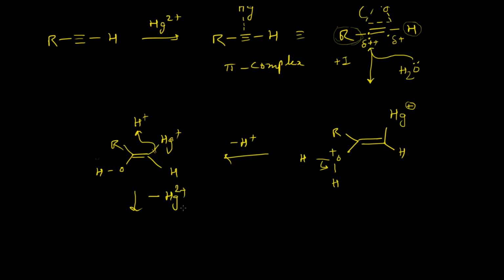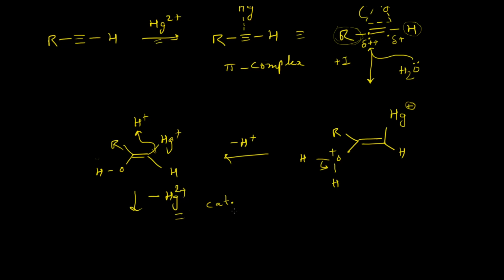And this is very important, since we have taken the mercury 2 plus in catalytic quantity, so it must be unchanged after the reaction is complete, or its role is complete in catalyzing a particular reaction. So here mercury 2 plus is involved in the initial steps, and after its role is over, it is also coming back as mercury 2 plus.